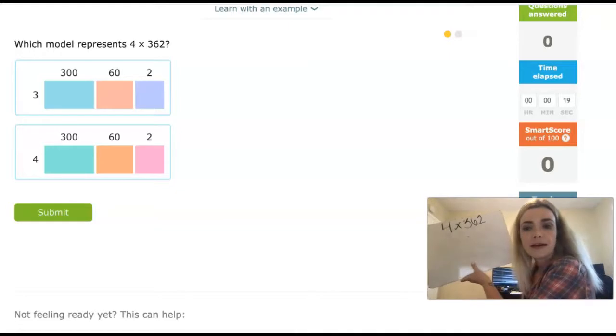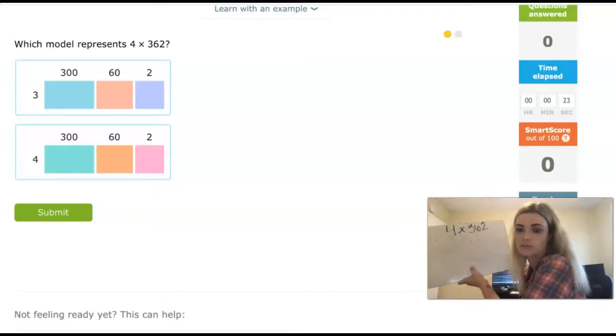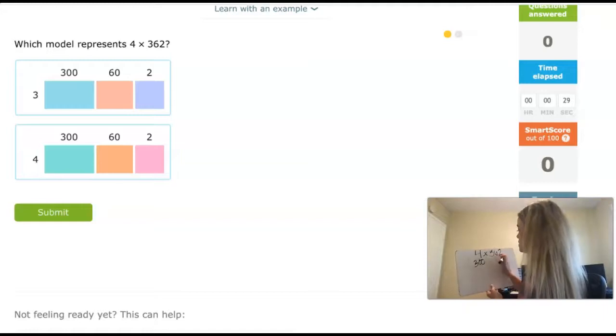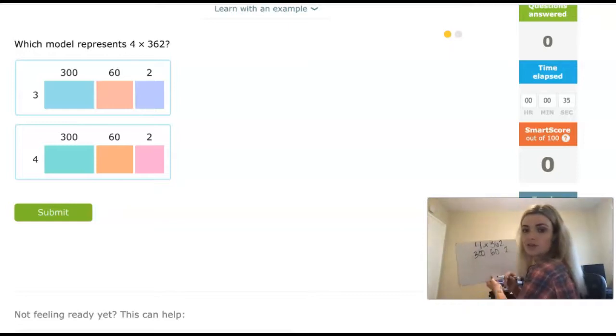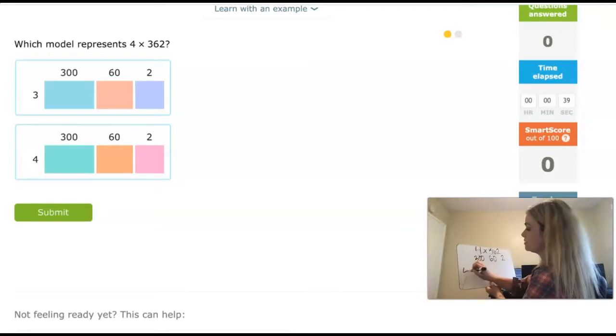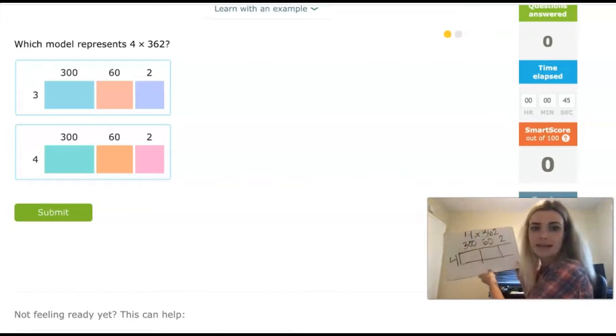And I want to think about the place value of this number. So I want to take this number and put it in expanded form. That means I want to stretch it out. So I'm going to look at my hundreds. So I have 3 hundreds, 6 tens, which is 60, and 2 ones. Okay, so when I look at this one and it's multiplied by 4, this would be how my table would lay out.